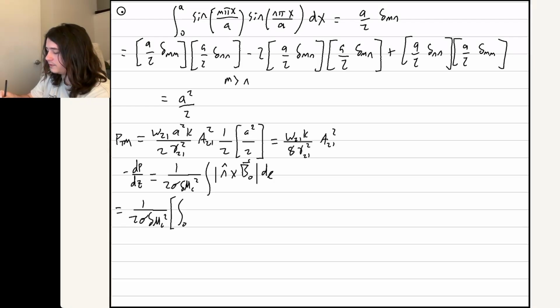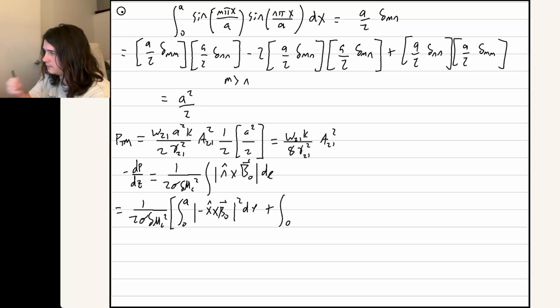One of the surfaces runs from 0 to a, and the n hat direction is just minus x hat, so we'll have that guy integrating over y. And then one of the surfaces, the surface along the x-axis, is going to have an n hat equal to y hat, crossed with B naught, and then you're squaring it.